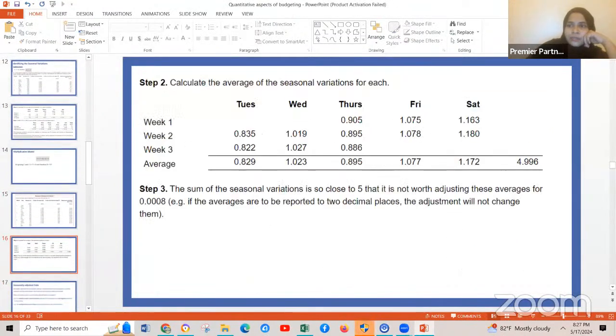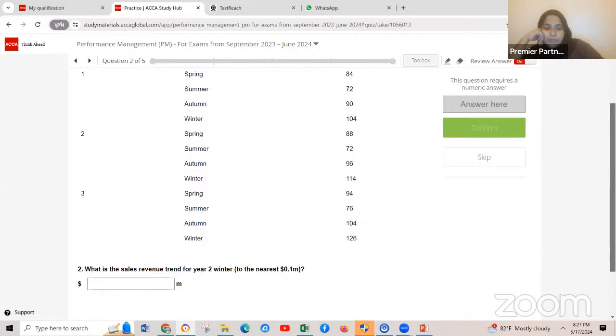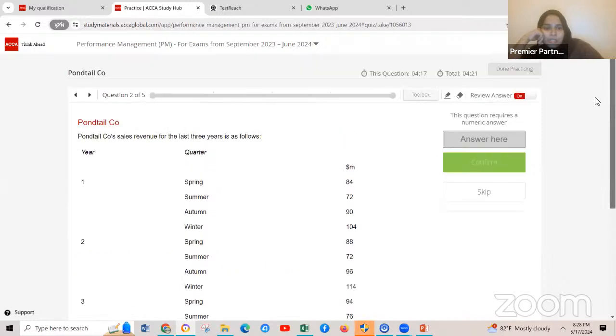Now here, they're asking for trend. Trend we generally find by taking the moving average. The problem is they have not told you whether it is a 2-quarter, 4-quarter or 5-quarter moving total.